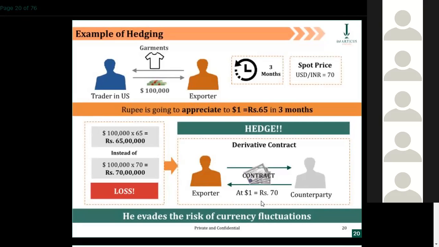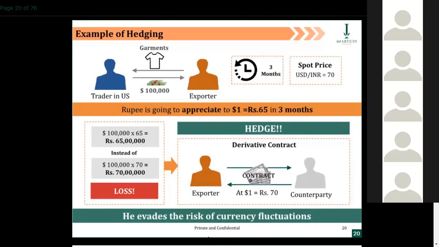This way the bank is able to mitigate its risk, but the bank would be in profit if the dollar becomes 75, because as per the agreement you are going to receive money only at this rate. You are not going to receive any extra money. If the dollar becomes 75, the 5 lakh profit stays in the pocket of the bank, right?